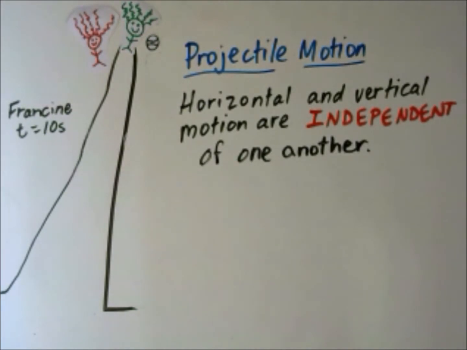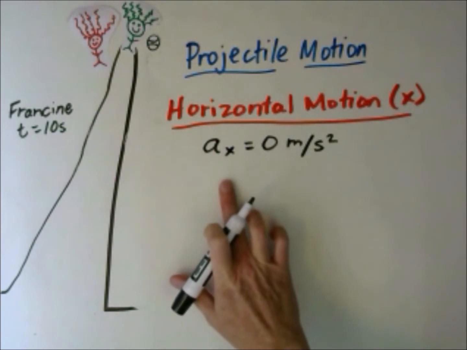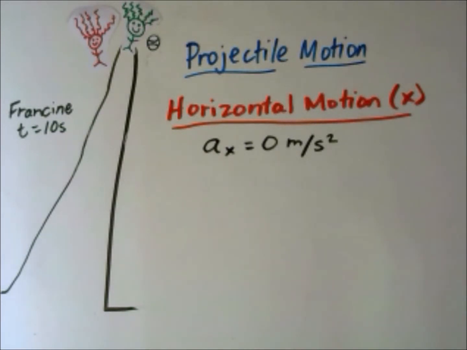The first rule is that the horizontal and vertical motion are completely independent of one another. That means the velocity in the x direction will not affect the velocity in the y direction. We can treat the x direction and y direction independently. In the horizontal direction, or the x direction, the acceleration is 0 meters per second squared.